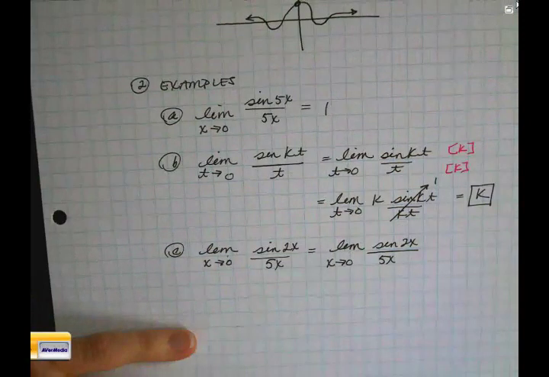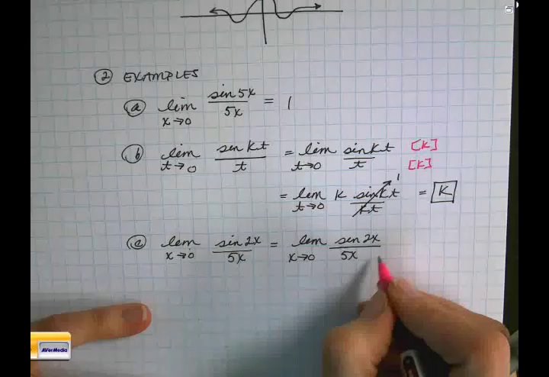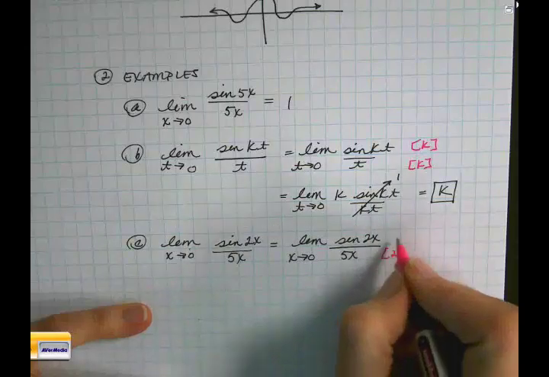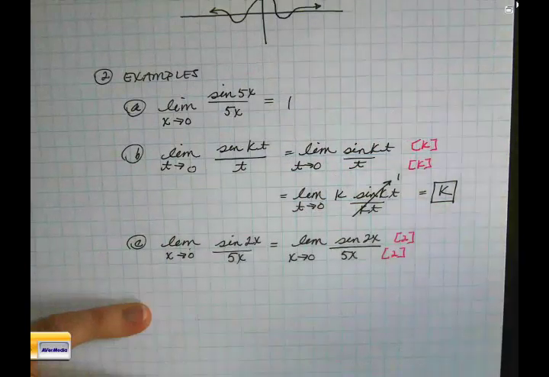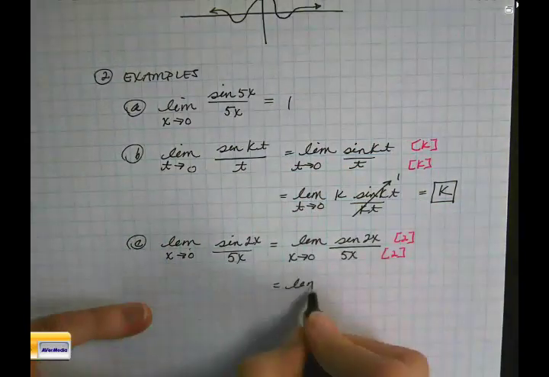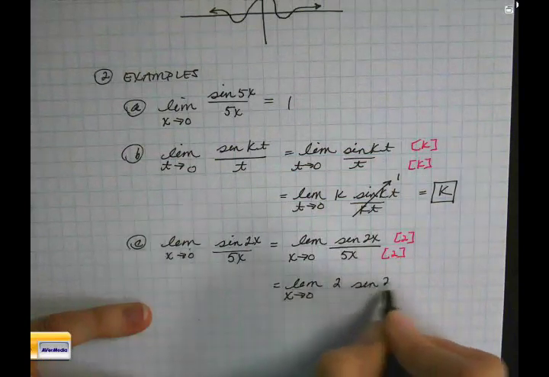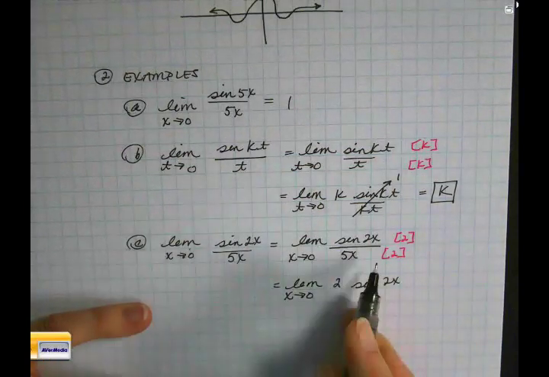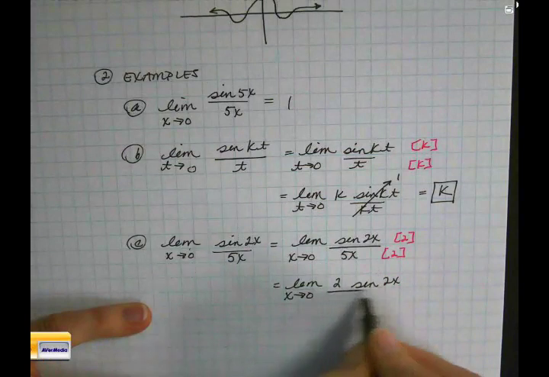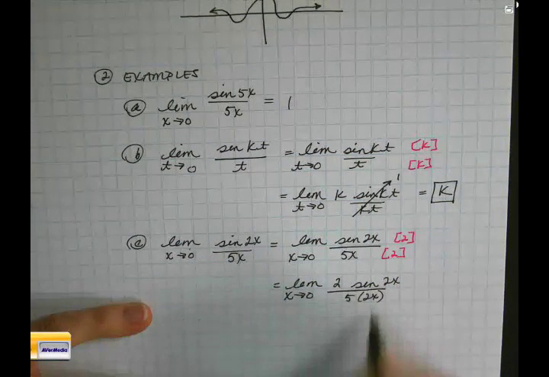To get the denominator to say 2x, there's more than one way of doing this. But I guess if I multiplied it times 2 on the top and the bottom, what would that make happen? Let's see. This would be the limit as x is approaching 0 of 2 sine 2x, and the bottom is 10x, but 10x is 5 times 2x, right?